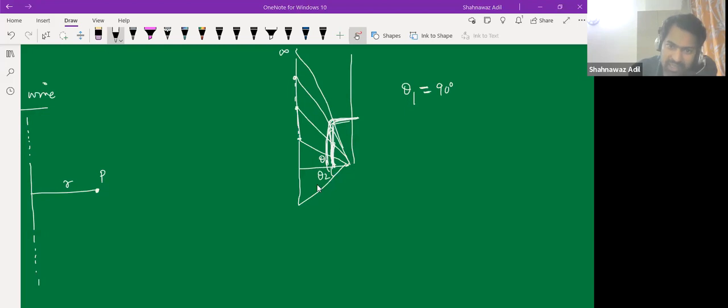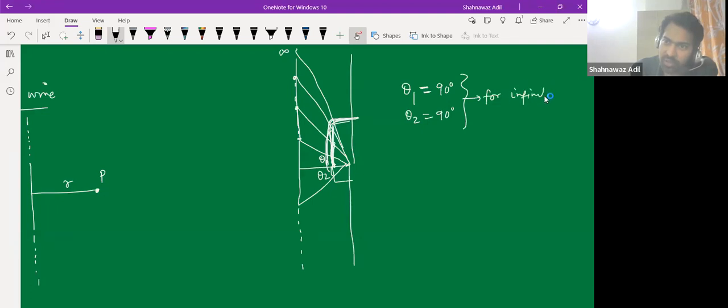Similarly, if I increase this length, my theta 2 will also become 90 degrees for an infinite wire. Okay. So if I put that value in here, my magnetic field would be how much? It is mu naught I by 4 pi r, and sine 90 plus sine 90.